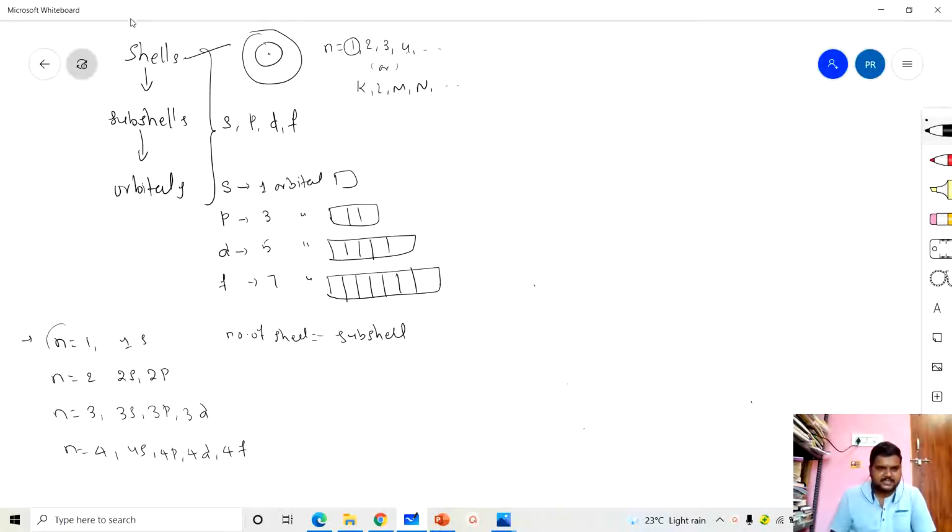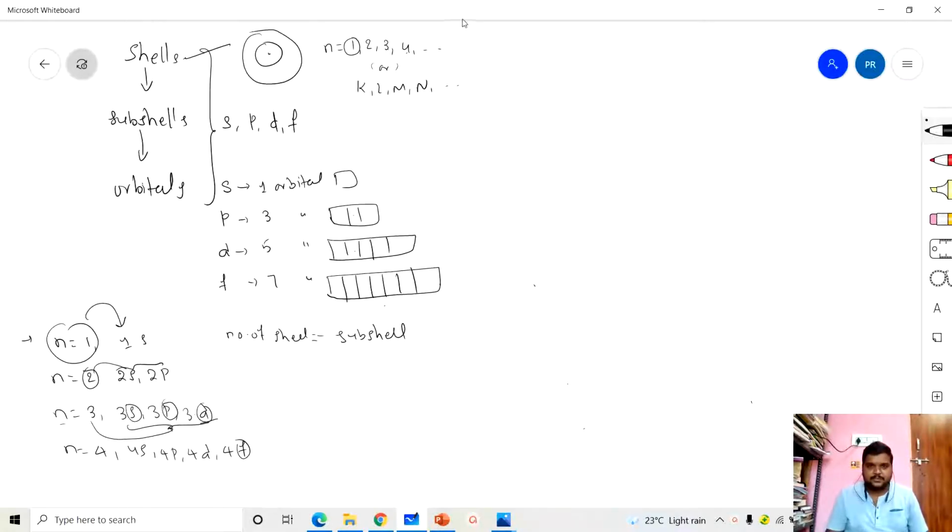One shell has one subshell, the second shell has 2 subshells, n equal to 3 has 3 subshells: s, p, d. s has 1 orbital, p has 3, d has 5, f has 7. There is only a change in the n value, but no change in the number of orbitals in a subshell.